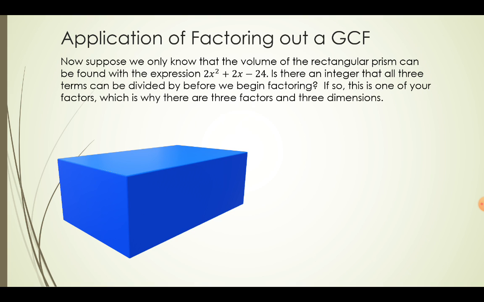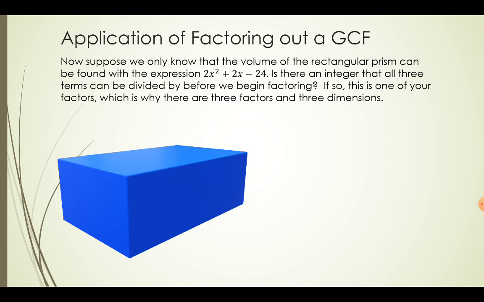Is there an integer that all 3 terms can be divided by before we begin factoring? If so, this is one of your factors, which is why there are 3 factors and 3 dimensions.